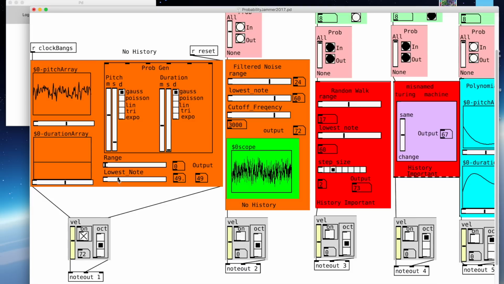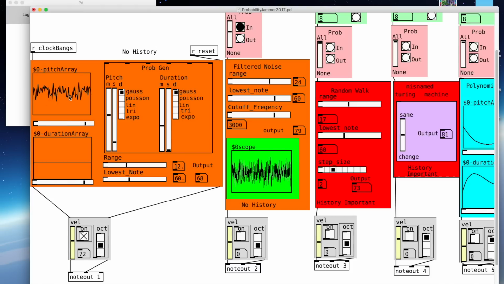And I can determine what that note is by setting the lowest note. Let's make it middle C. Then I can increase the range. So down here would be middle C, up here would be C an octave higher.